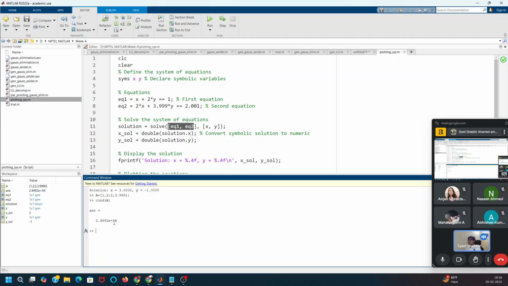So I'm getting, you can see, this is almost 25,000 condition number. So a high condition number is not very good for us.